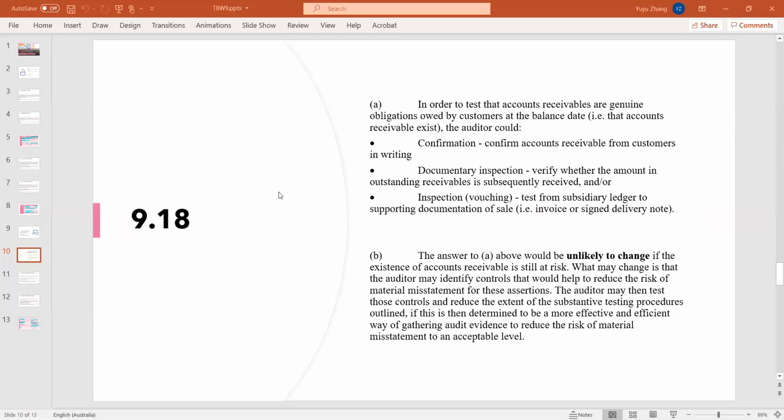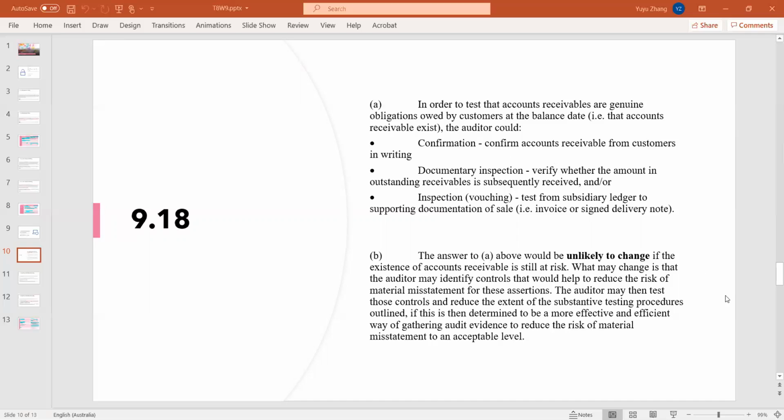Last one, the subsequent receipts of the accounts receivable would also be very strong documents for the existence and also collectability of the accounts receivable.